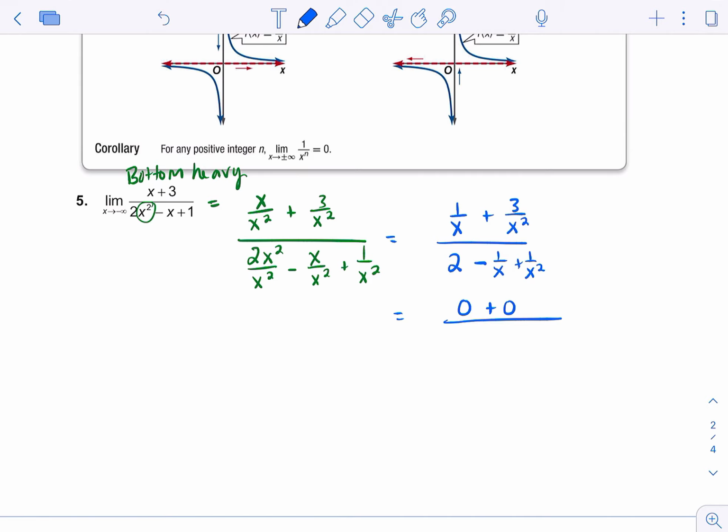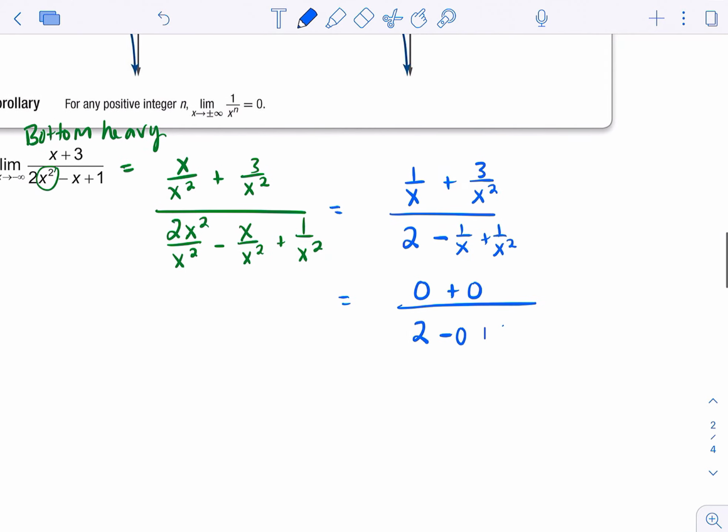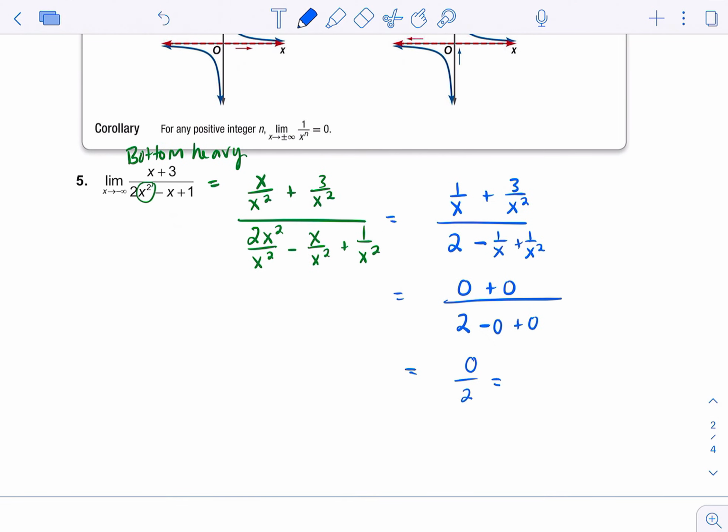We're kind of envisioning putting infinity in here. So there's no x here, so that's 2. As I plug in negative infinity in this 1 over x, that's going to go to 0 as well. So this would be minus 0, and then we get a plus 0. This all simplifies down to 0 over 2, which gives us a limit of 0.